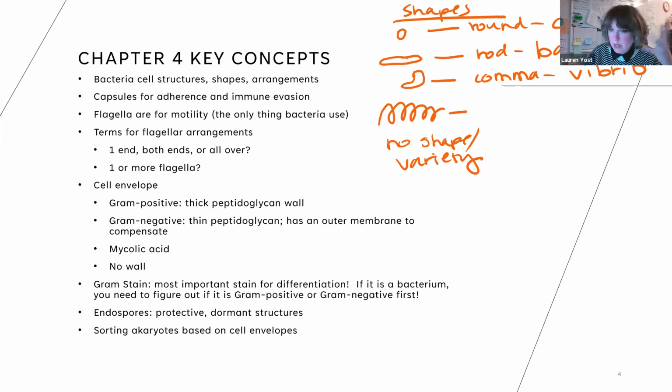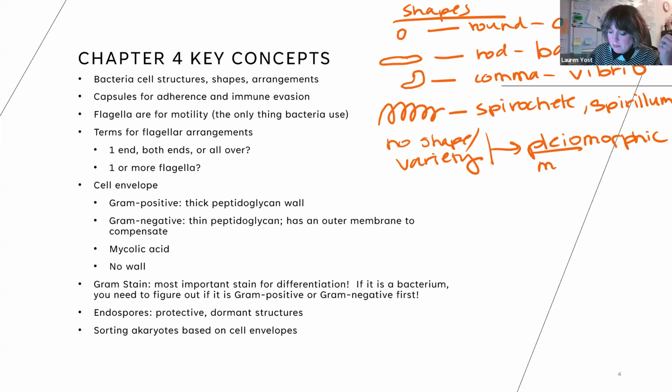Spiral shape, it depends on how tight the spiral is or how wound it is, but it's either spirochete or spirillum. Has spiral in it, basically. And if you don't really have a shape or you have a lot of different shapes that you can be in, then we typically call that pleomorphic.